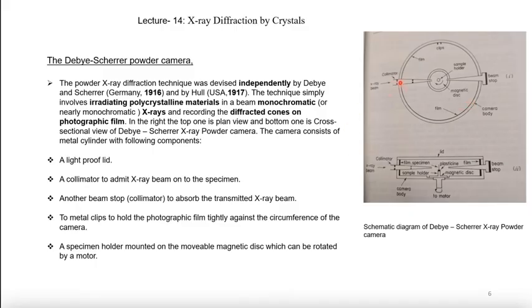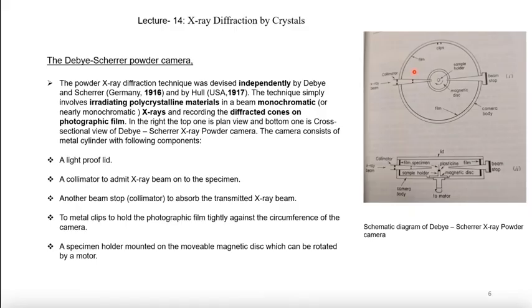Here is a collimator by which we pass the X-ray, and there is another collimator, a beam stop, and we have a sample holder here, and a magnetic disc to rotate this sample holder so that various diffraction angles we can cover.